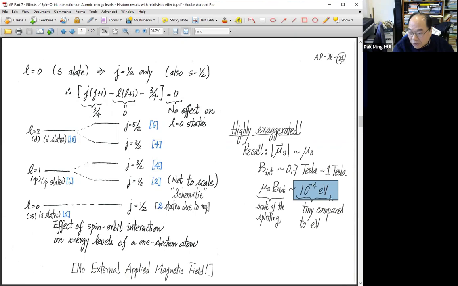So I think I have to stop here today, and then we are getting to the very interesting effect down there, all right? So next time, we will work out more effects of it, but then we also need to include the previous relativistic correction. Then we have a formula for the correction in hydrogen.